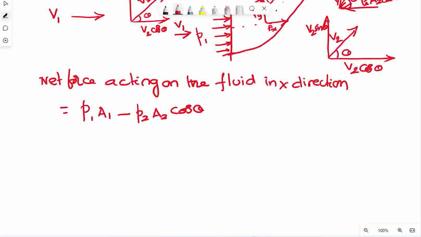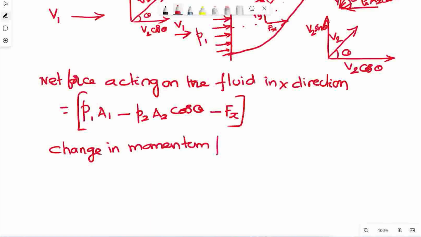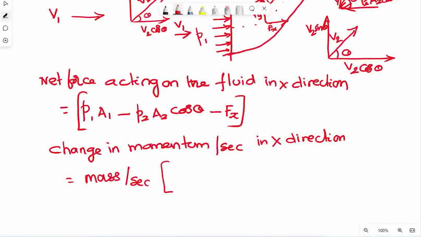What is the other force apart from that? The force due to the bend. So this is the net force acting on it. And next, what is the other one which we have to find out? The change in momentum per second in x direction. Change in momentum per second is equal to the mass per second into change in velocity.